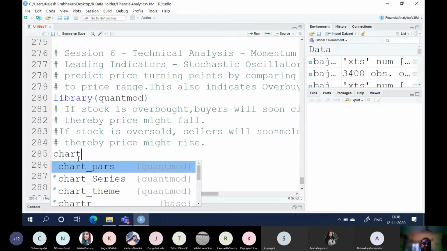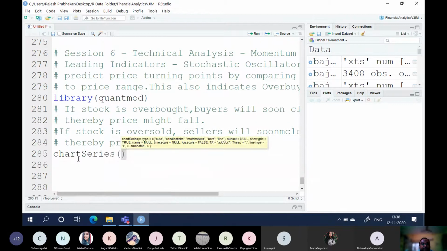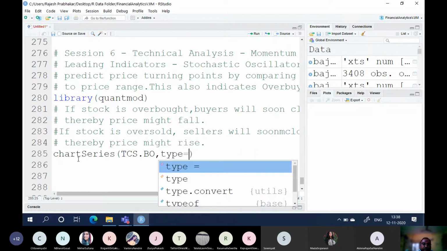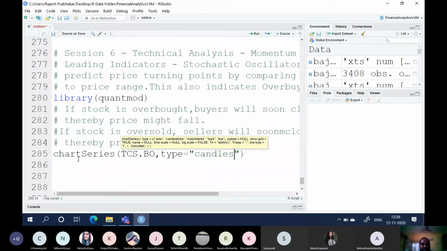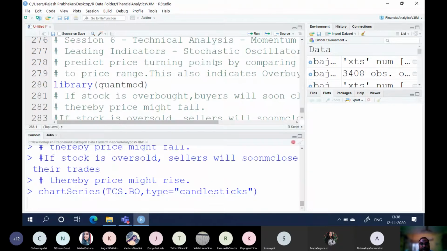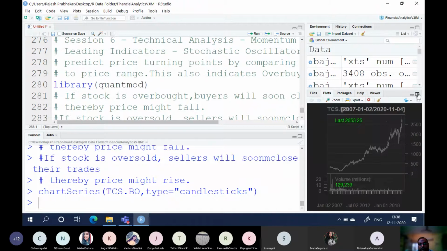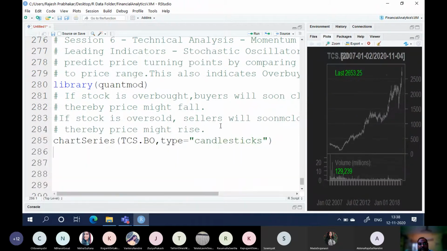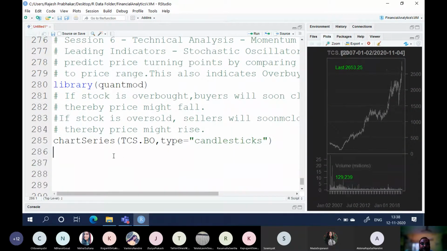So chart series TCS.BO, type is equal to candlesticks. So we have the chart here. Then add RSI.